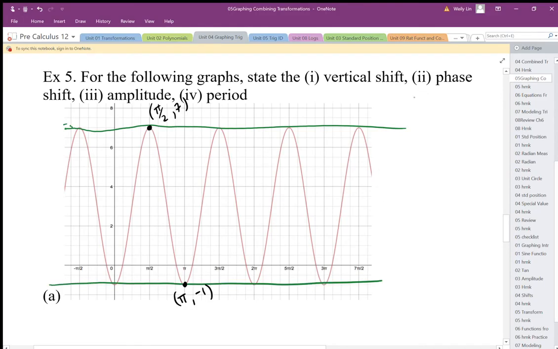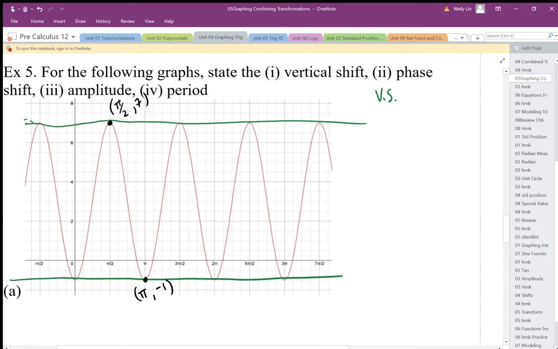Okay, so our vertical shift, we can generalize it this way. It is halfway between the min and max. Well, halfway is a position. And to find the position or average, we can add the minimum and maximum and divide by 2. Okay, that gives us the location of the middle point.